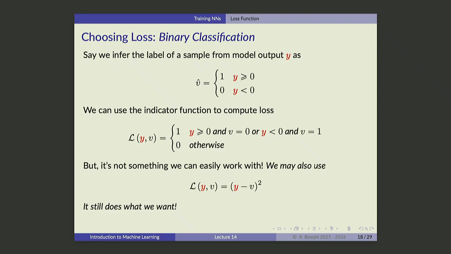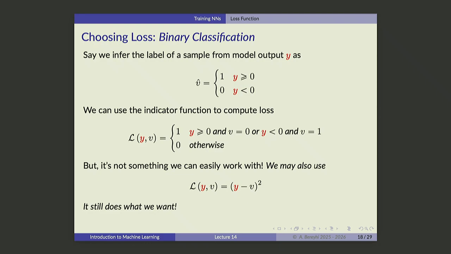So let's think about this. v is the true label, right? Say v equals 1, okay? And then y is the value out of your sigmoid, right? Now, if you try to minimize this, it means that you're going to make the output of your neural network after sigmoid as close as possible to 1, right?